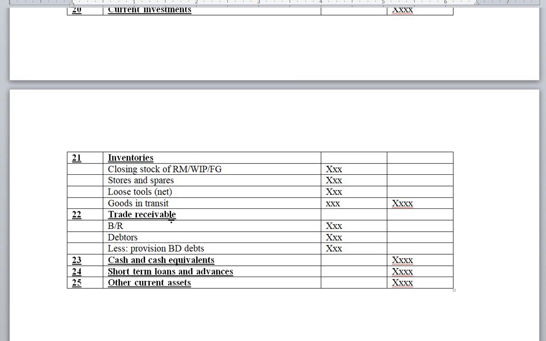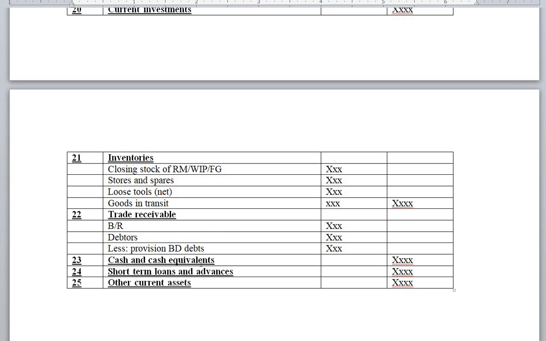Okay, trade receivables is bills receivable, debtors, all those kinds. But make sure if there is any adjustment regarding provisions of bad and doubtful debts, all those things, that adjustment should also be made here, and only the net amount is taken back to the format.